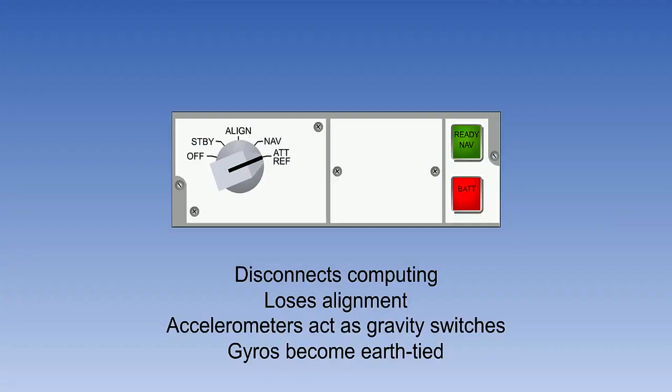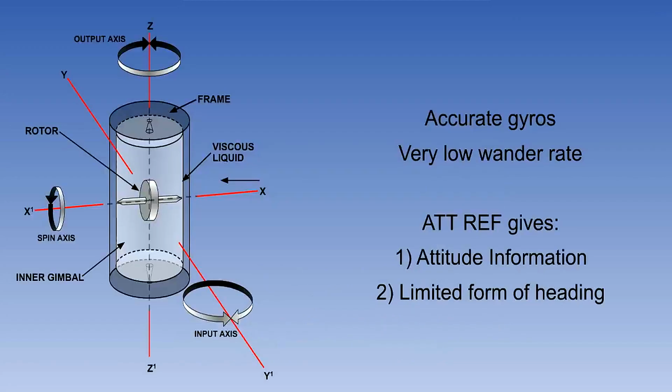This is done by selecting ATREF on the MSU, which disconnects the computing and loses alignment if this has not already happened anyway. The accelerometers now act as gravity switches, as they do during the levelling phase of alignment, and the gyros become gravity-tied in the long term. They become Earth gyros. The system now gives attitude information and a limited form of heading.